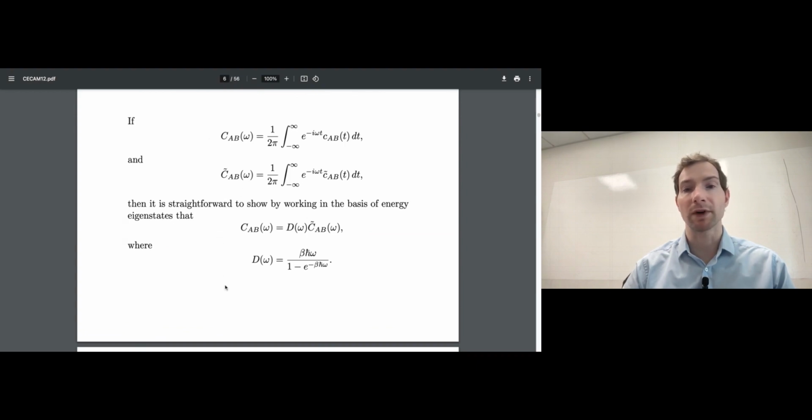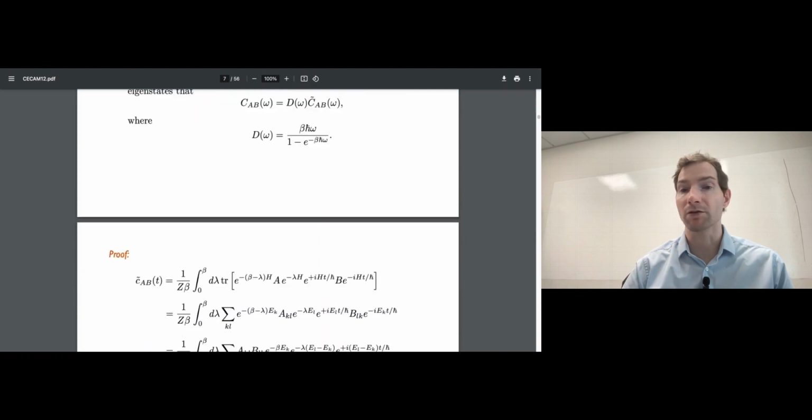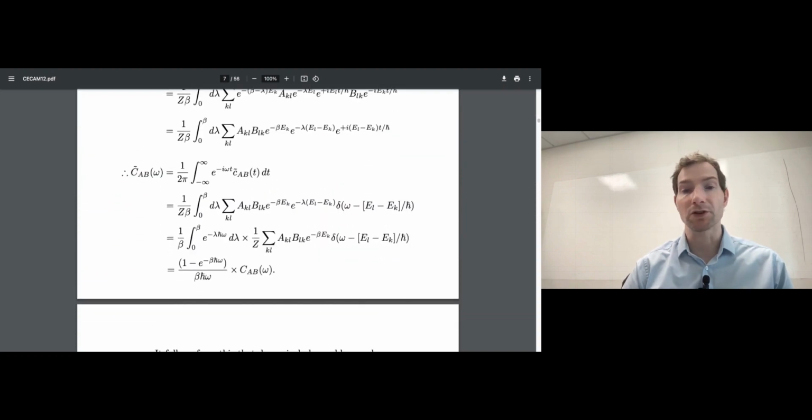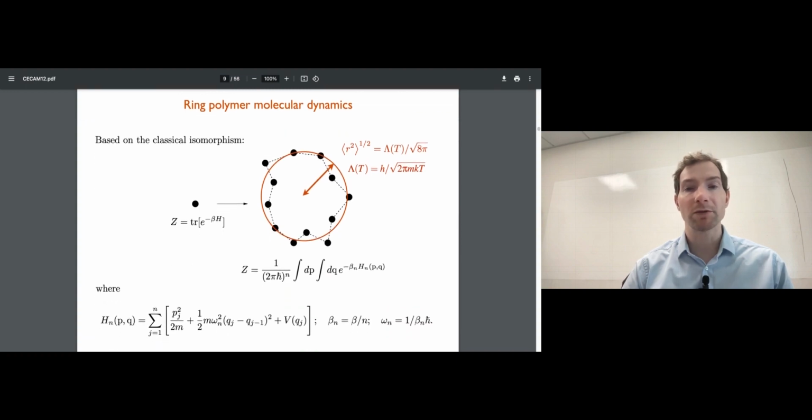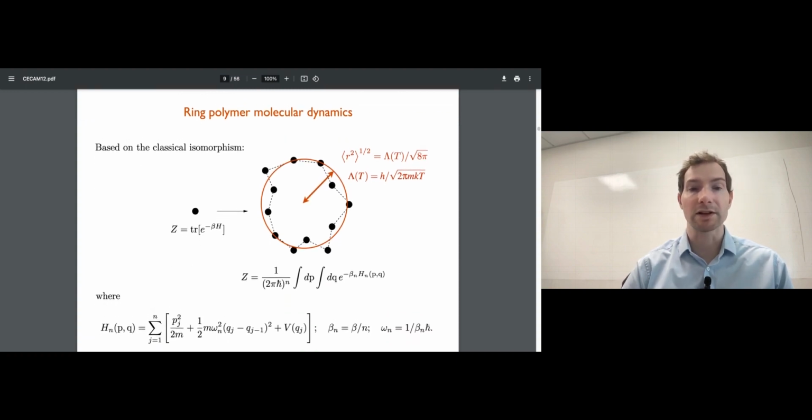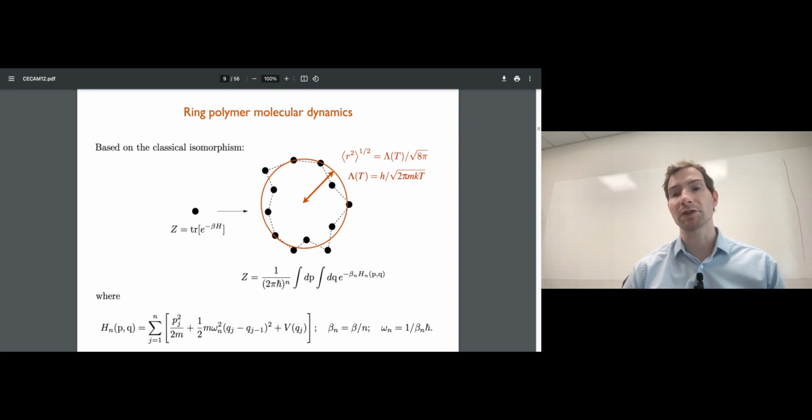Some people might see here what are called Green-Kubo relations, and these are used, for example, to relate the absorption spectra to the complex dielectric properties of a medium, of a material, and so on. So there are a bit of equations here, but that's not what I'm interested in. What I'm interested in is this particular slide here, and I'm going to stop there.